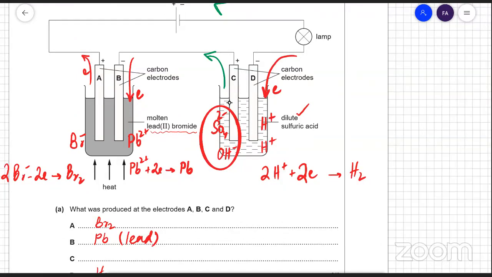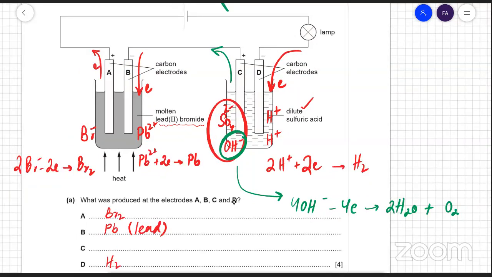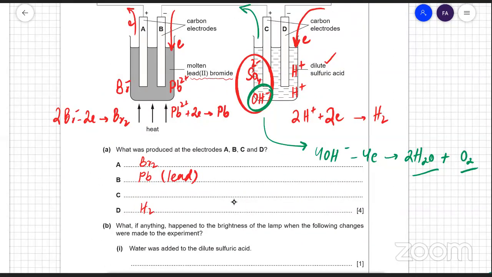So you have two ions, OH minus one and sulfate SO4 minus two. If you remember the series over here at anode, you would realize that it's OH minus one that always ends up losing electrons, and the equation for that is four OH minus one ions losing four electrons to form two H2O and one oxygen gas molecule. So the products that are formed when OH ions lose electrons are oxygen gas, and you can also add in water that is also going to be produced.